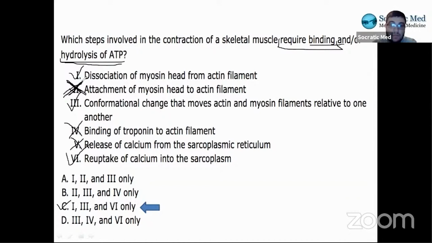But the hydrolysis of ATP is required for the power stroke, right? It charges the head, which allows it to bind and then perform the power stroke when it comes apart. So that's why 2 is not the right answer.